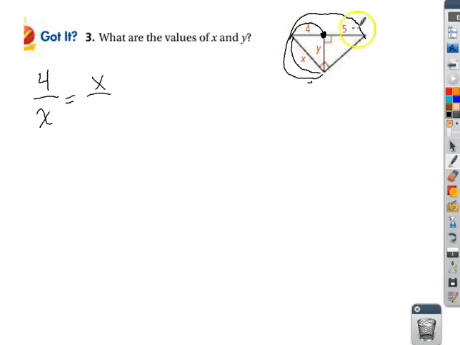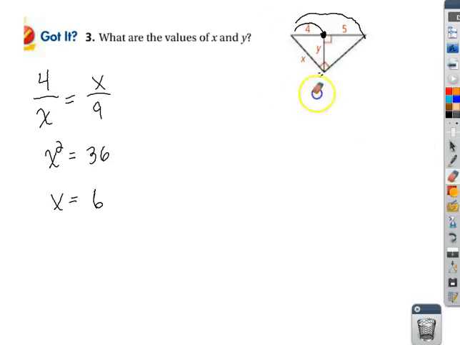The length of that whole hypotenuse there is 4 plus 5, which is 9. So that's X squared is equal to 36. X is equal to 6. Are we okay with that? Does that make sense?